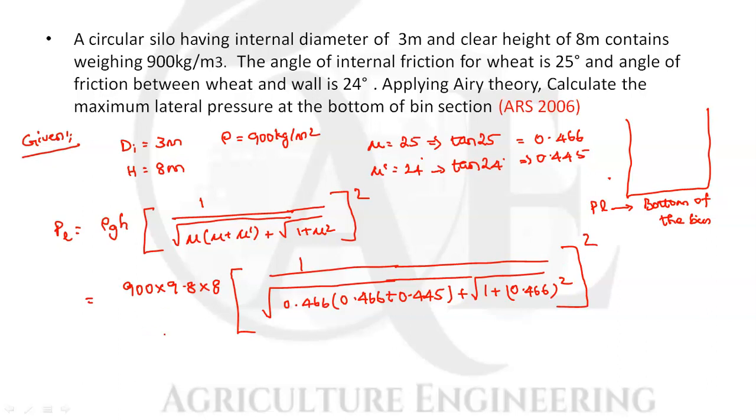When you substitute these values and multiply 900 into 9.8 into 8, you can get the answer 70560.